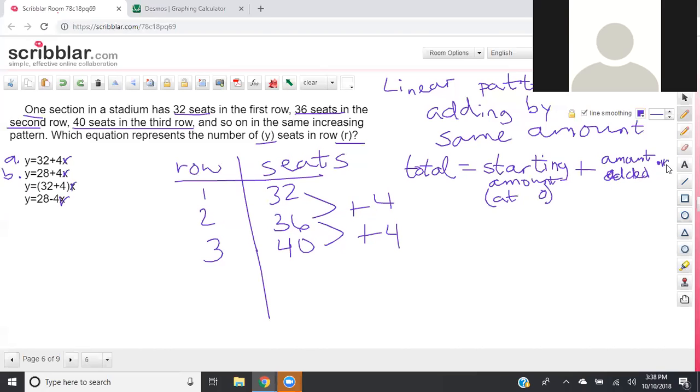I ran out of room, so I'm just going to put VAR for variable. So if you can remember that kind of setup, you could just select your answer.